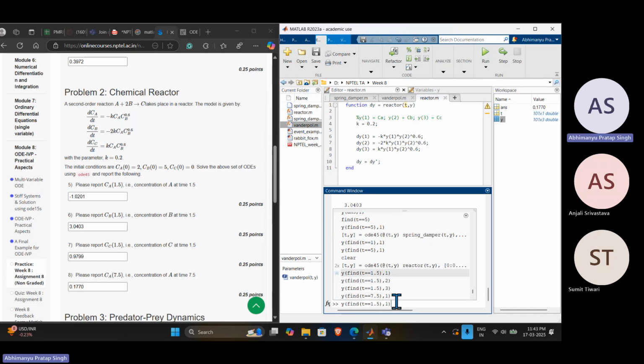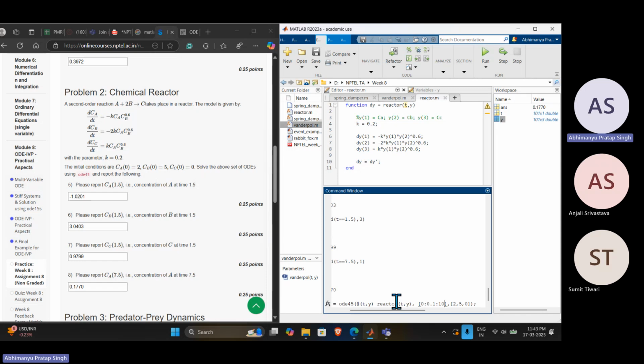So you just need to make sure that the time span you are giving contains all the time steps where you want to find the concentrations. That is why I have given 0.1, because that will include all of these times, right? Or I could have taken 0.25 also. That should have also worked. So you just need to make sure that you are giving an interval such that it contains all the time steps that you require.